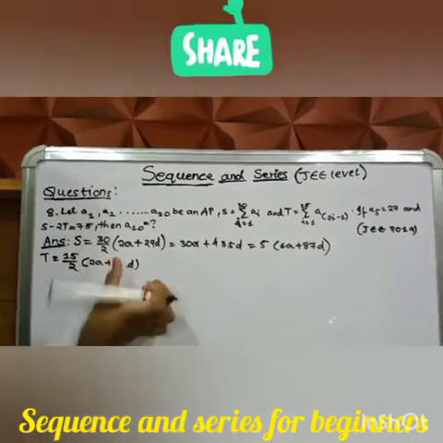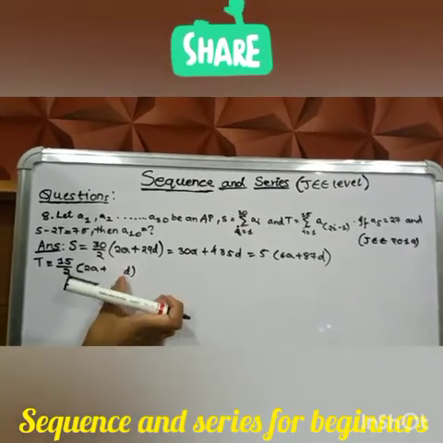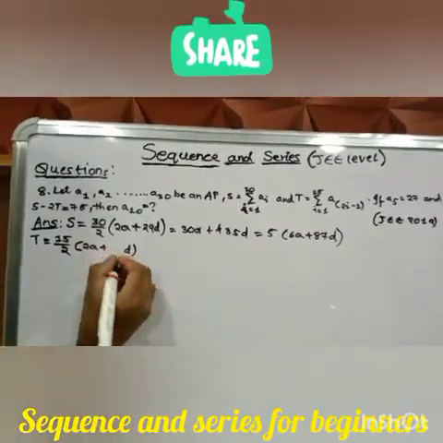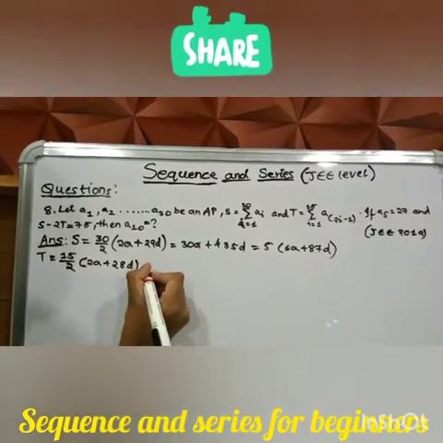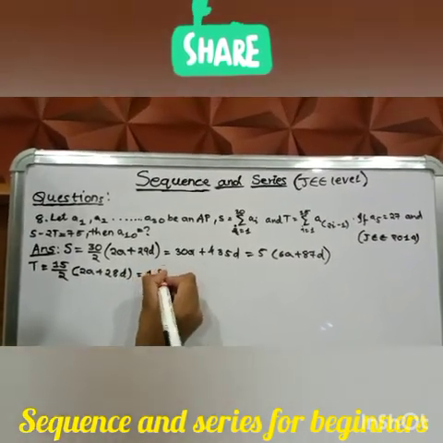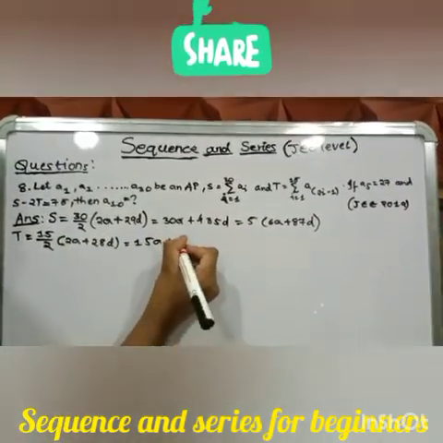The common difference is 2D, so it will be 28D. Which we get as 15A plus 210D.